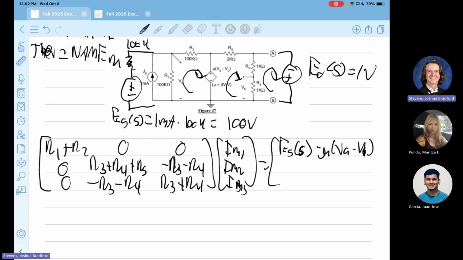VA minus VB. All right. Now, is there anything in mesh 2? Mu A, yep, I agree. And then, what is in mesh 3? Is there anything in mesh 3?